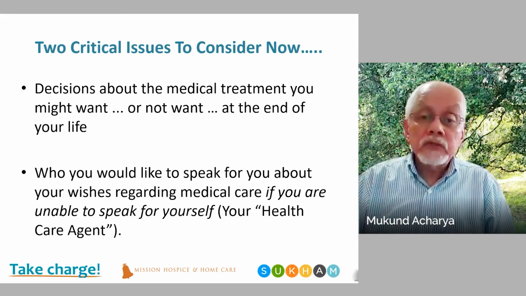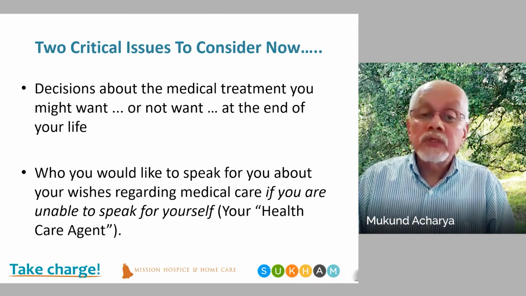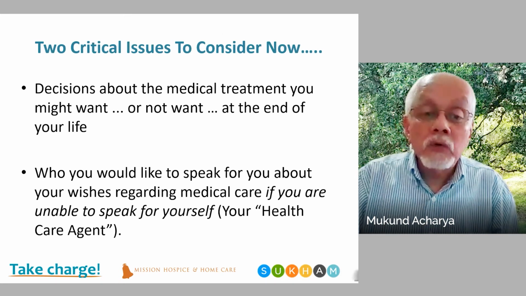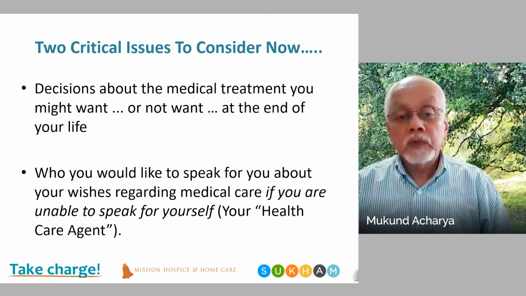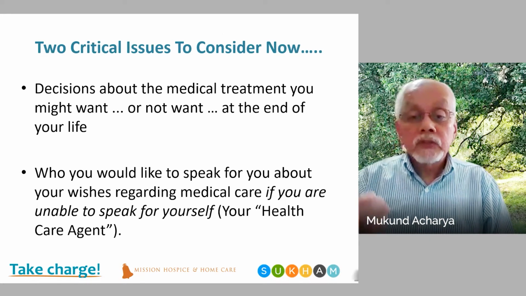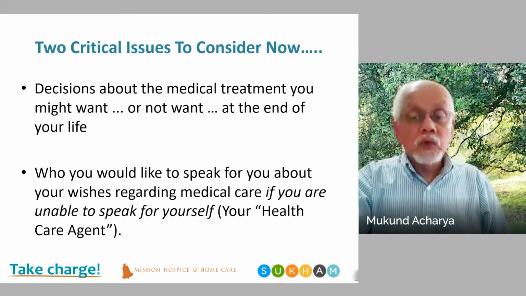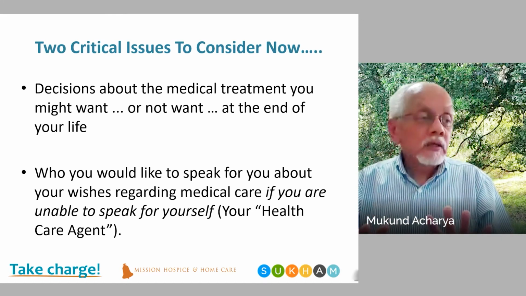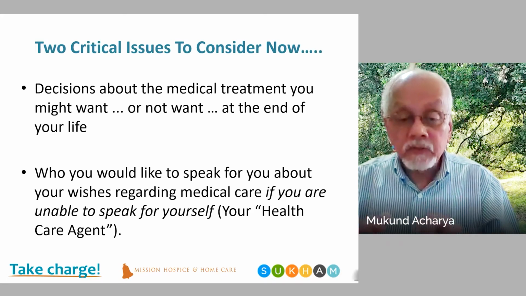And the second thing is, who is that person who is going to speak for you if your wishes regarding medical care need to be known, but you're unable to communicate them yourself to your medical team? So that's the healthcare agent. So how you want to be treated and who is going to talk for you. Those are the 2 primary components of any healthcare advance directive document.